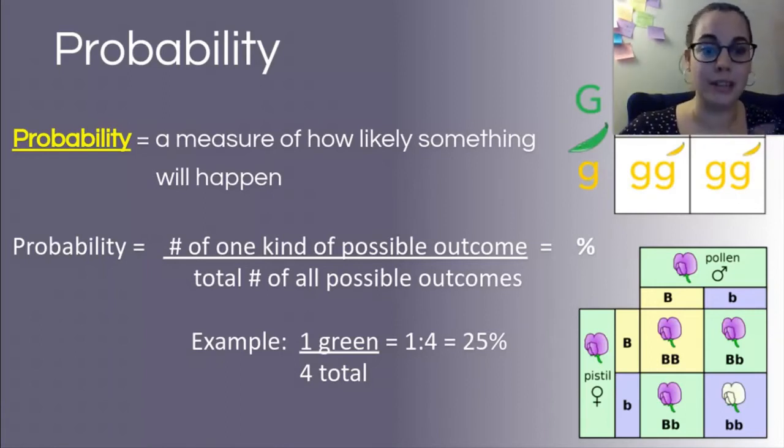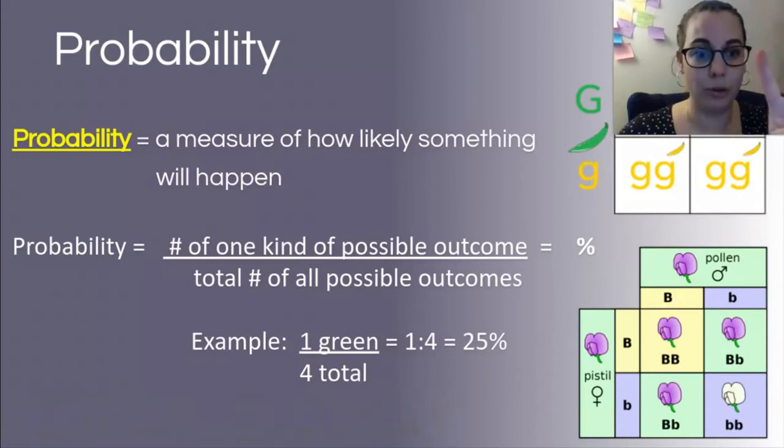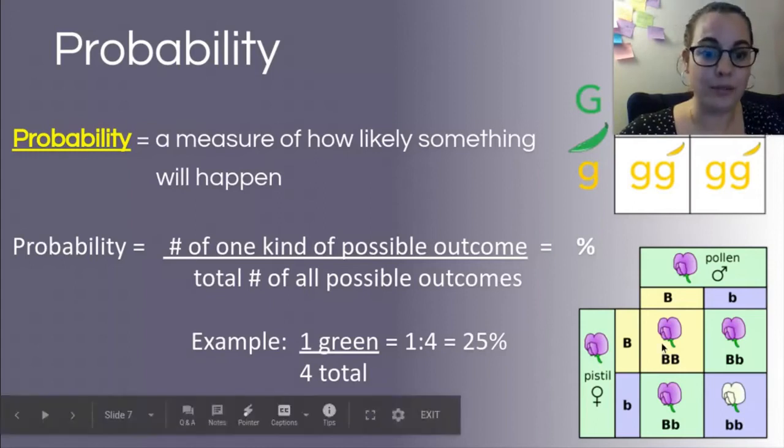In order to get this probability, we take the number of one kind of possible outcome. So this is our offspring. How many are white? 1. Out of my 4 total outcomes. So 1 out of these 4 is a 25% chance.